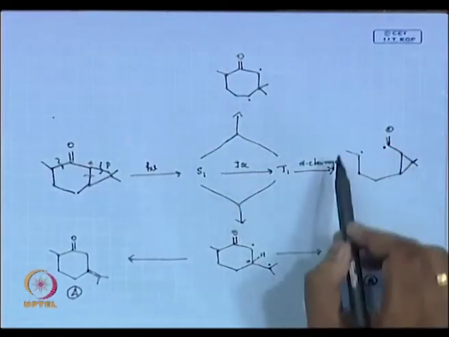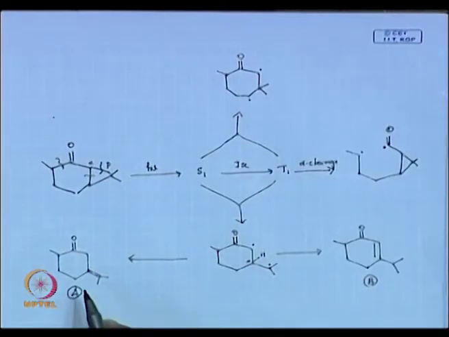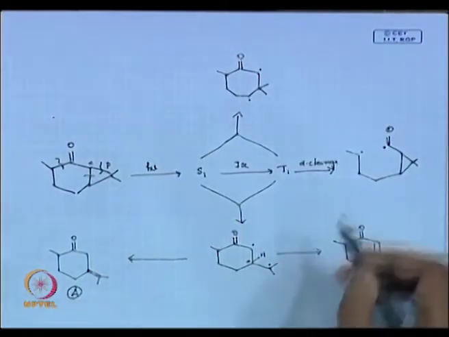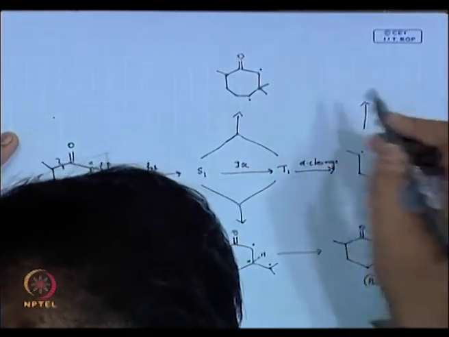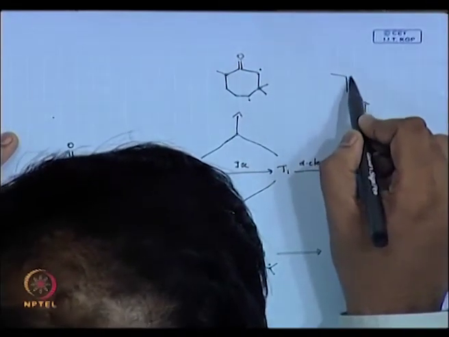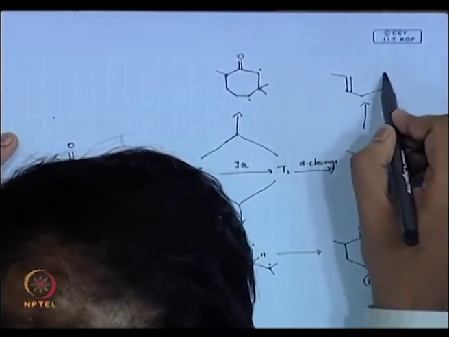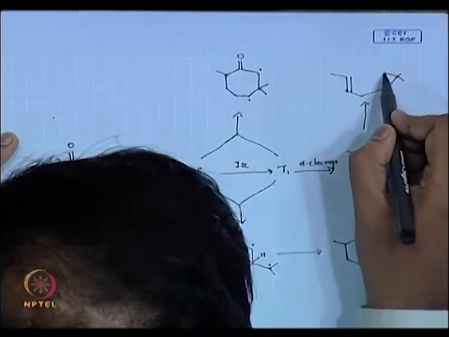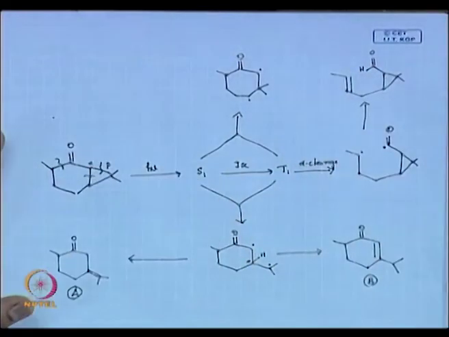So, now you have to work on this and find out what products it can give. The major product you get out of this is a nice aldehyde type of system.